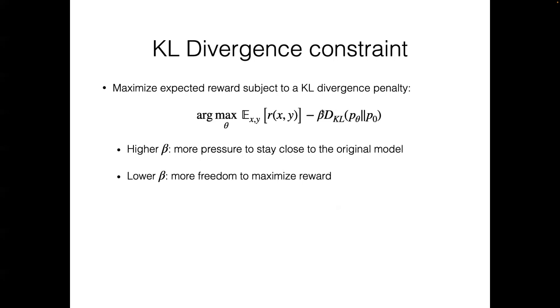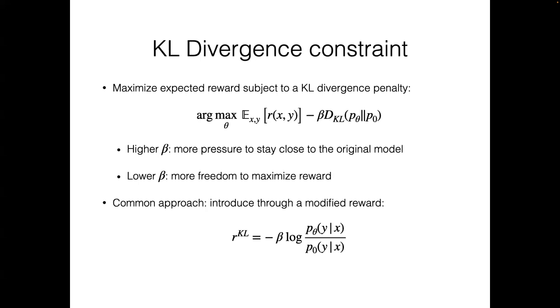And then we can have some hyperparameter here, beta, and it basically says if you set this beta to be higher, like 0.6, then there'll be more pressure for the model to stay close to the original one. Whereas if you lower it down to like 0.0001 or even 0, then the model has more freedom to just maximize the reward. So you can control the extent to which the model stays close to the original one.